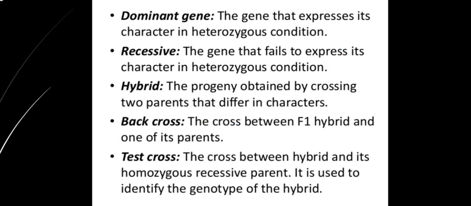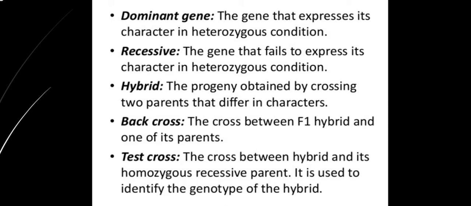The gene that expresses its character in a heterozygous condition is called a dominant gene. For example, if the heterozygous condition is capital T and small t, what will be the phenotype? We had learned in class 10. The particular hybrid will be tall. We will be learning all this in detail in the coming modules, but yet we have to understand what these terminologies are, or else we cannot explain this each and every time when we are doing a cross. So dominant gene means the gene which expresses its character in heterozygous condition.